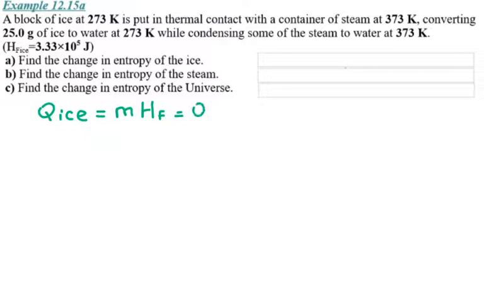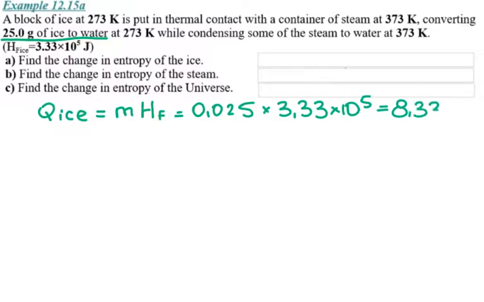So I have 0.025, this is the mass of ice that is turned into water, times its latent heat, which is 3.33 times 10 to the 5th. So I will get 8.33 times 10 to the 3rd joules.